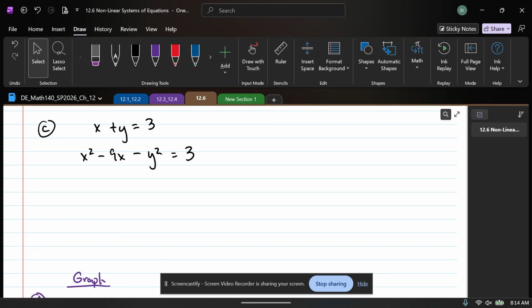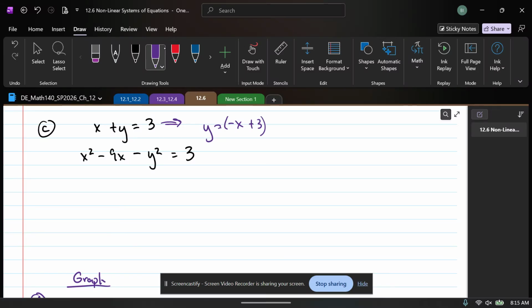Now, when I look at that second equation, if I substitute in the place of x, I got to put it in 2 places. It's more work than I really want to do. So I'm going to substitute in the place of y. So I'm going to solve this equation for y so that I only have to plug that into one spot. So solving that for y, it's going to be y equals negative x plus 3.